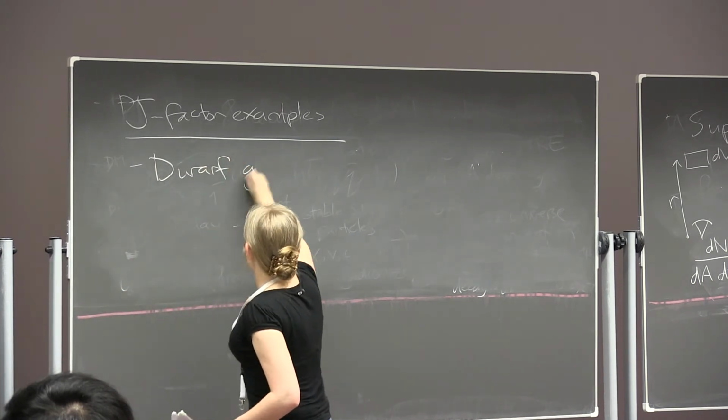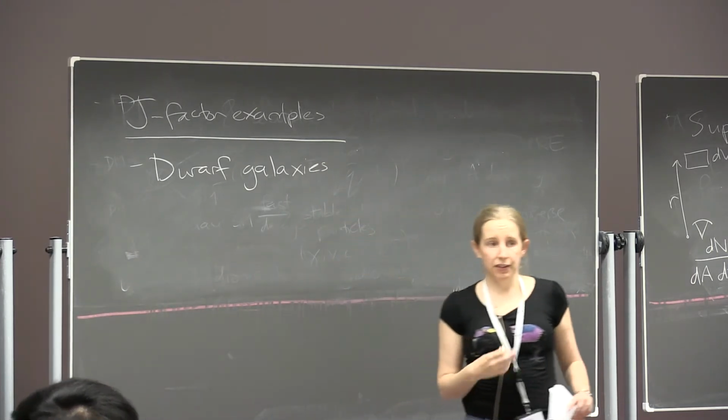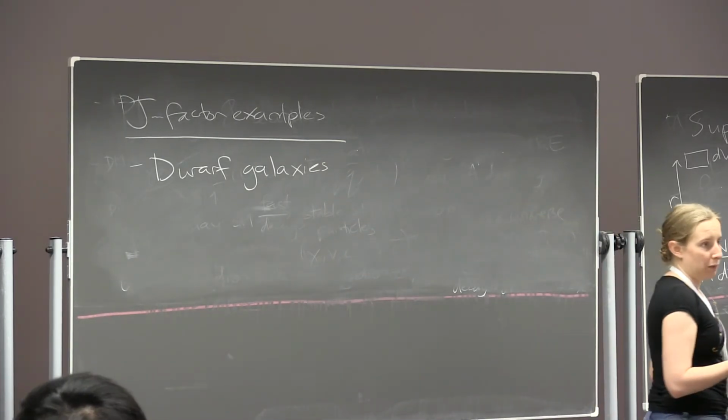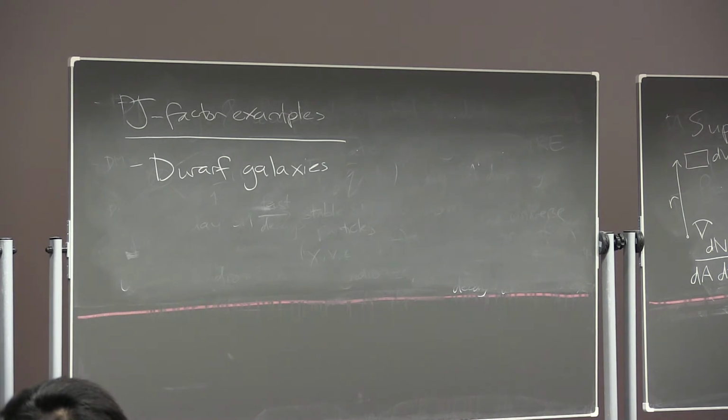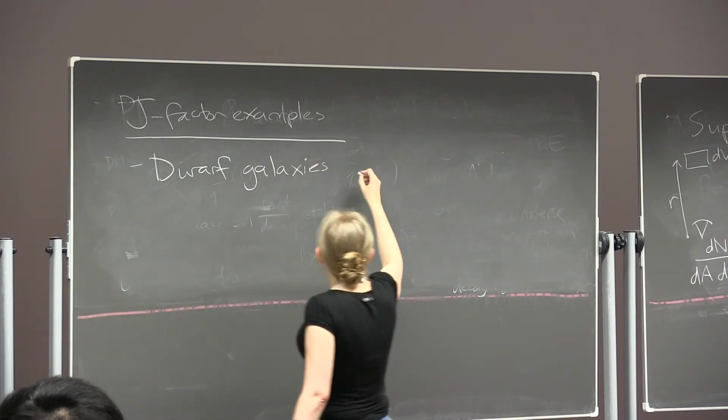They're nice for a couple of reasons in indirect detection searches. One is that compared to clusters and so on, they're relatively close. We talked about Virgo being order 15 megaparsecs away. The closest dwarf galaxies are more like tens of kiloparsecs away. So that 1 over r squared factor is much less of a problem.